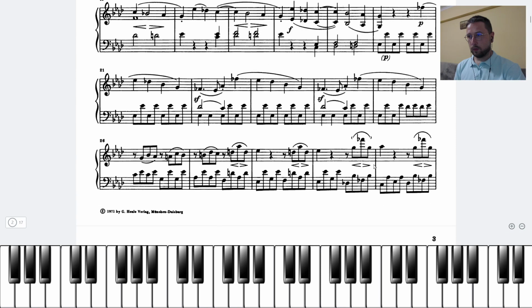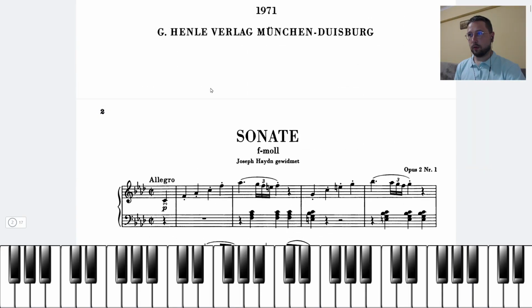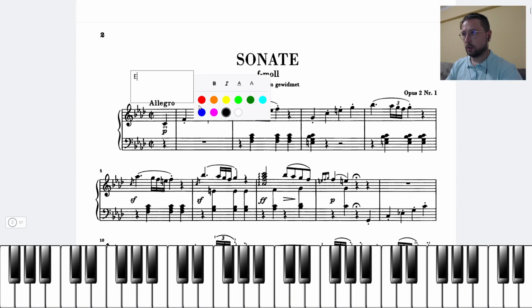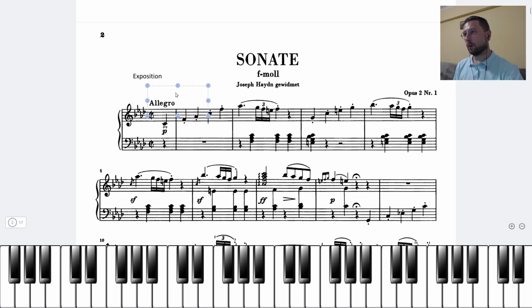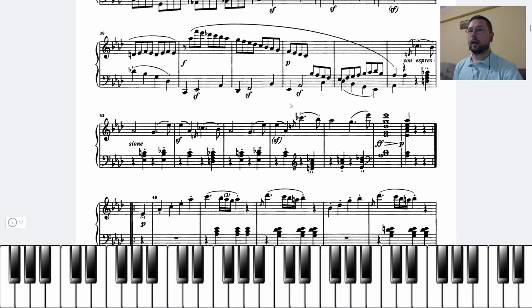Well, the first movement of a sonata usually consists of three sections, which are called exposition. The whole role of the exposition is to present the different materials that will be developed in the sonata. So it's like a presentation, an exposition of them. After that, usually we find a double repeat bar like this one.